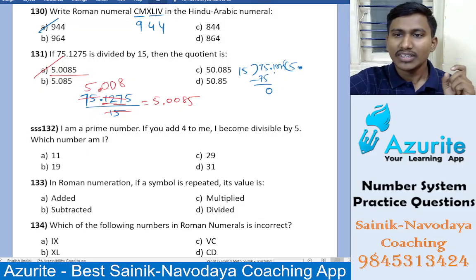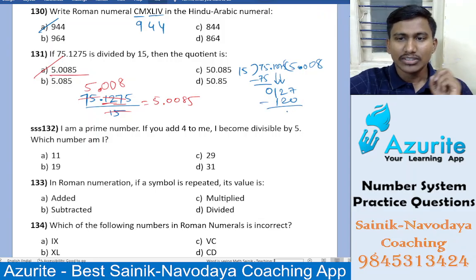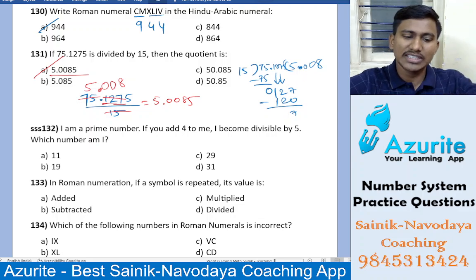And then here 1 we have to take, then 2 we have to take, this is all smaller, so give the zeros, then 7, so 15 8s is how much, 120. Now 7 will be remaining, you take 7, then 75 it will be, so that is how you do it, right? So 5.008 option is option A here.